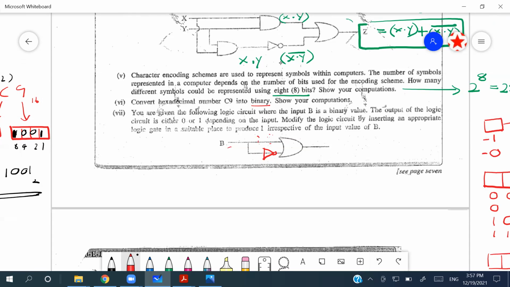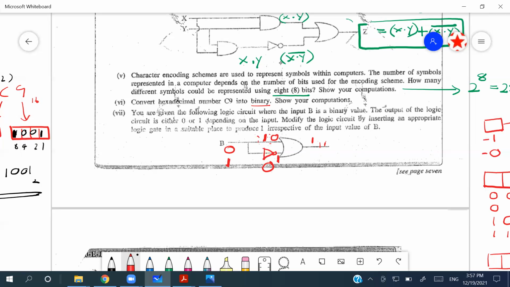So what happens when a NOT gate is given? If you provide 0 here, this will provide 1. This will provide 0. So it is an OR gate, so the output is going to be 1. If you provide 1, this becomes 0, but this line becomes 1. Again, you can take it as 1 as well.